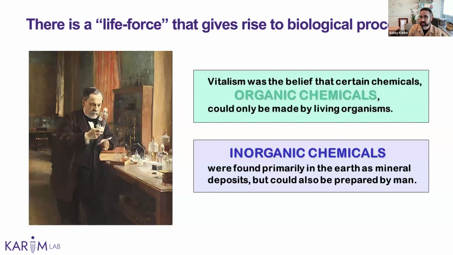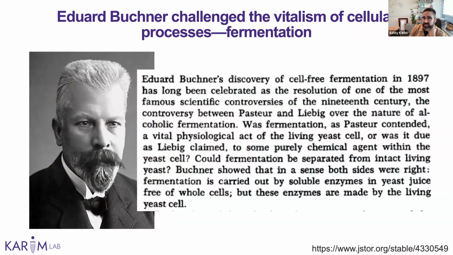And there was no way, it was because of life and this living force, that you could actually make these types of molecules. And alcohols were one of them. And this is what Edward Buchner challenged, this idea of vitalism, that you could get fermentation to occur outside of a cell. So his discovery was celebrated as the resolution of one of the most famous scientific controversies.